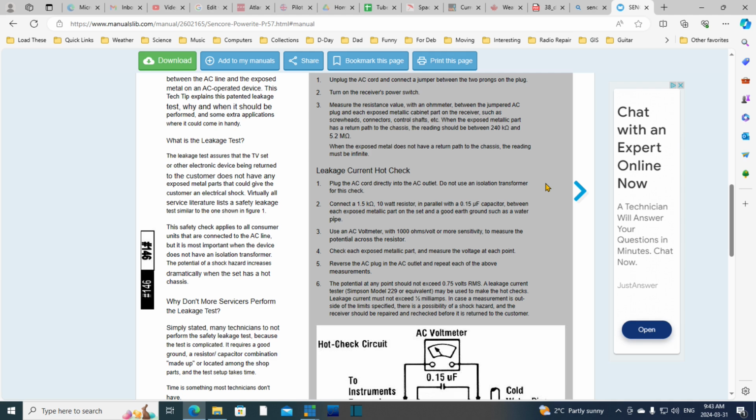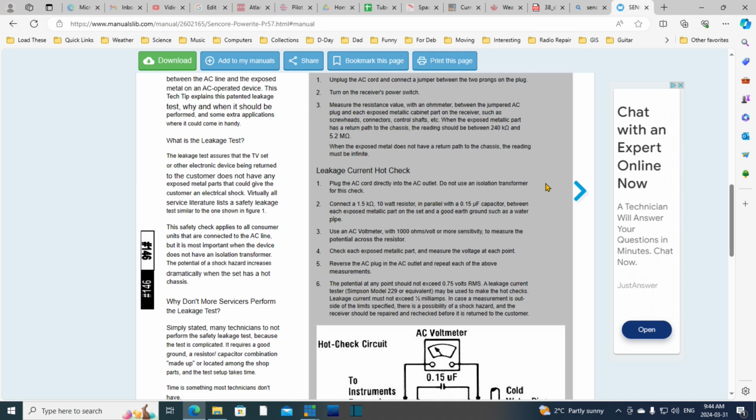Aren't you supposed to plug it right into that Sencor power right device? But it says don't plug it in with an isolation transformer. Okay. Do not use an isolation transformer for this check. That's weird. That's almost like saying do not use the device you're reading the instructions for this test.